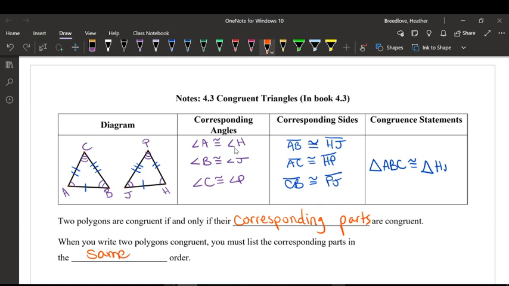It doesn't matter which order you write the first part of your statement in, where I did triangle ABC. I could have done triangle CAB. I have to rewrite that, it lost my statement. So CAB would be congruent to PHJ. It just depends on how you write the first half to the order of the second half.